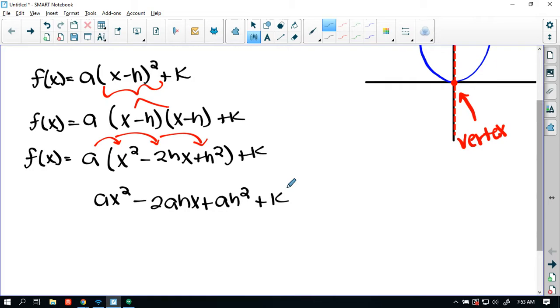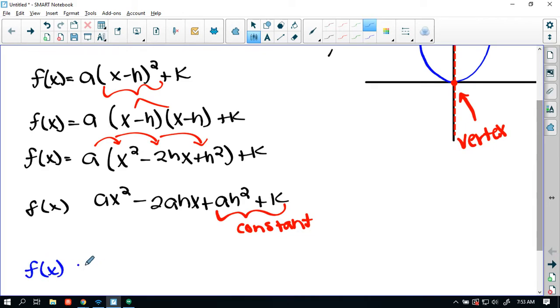All right, so we know that these are constants, because h is a constant, a is a constant, and k is a constant. If I'm looking at my original, I'm going to look for each piece.